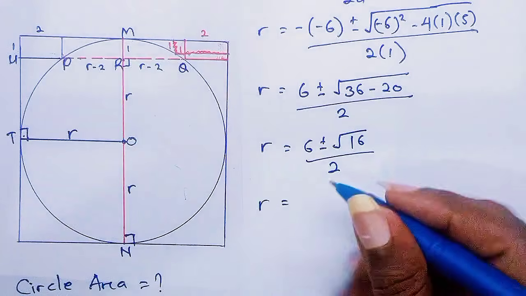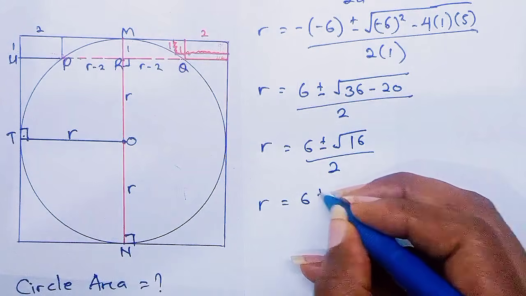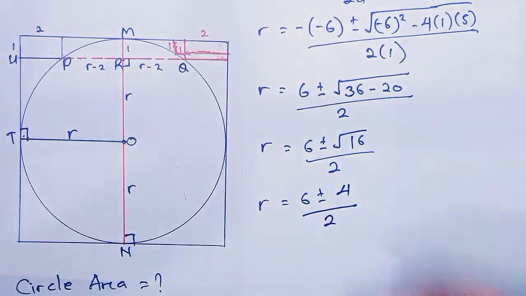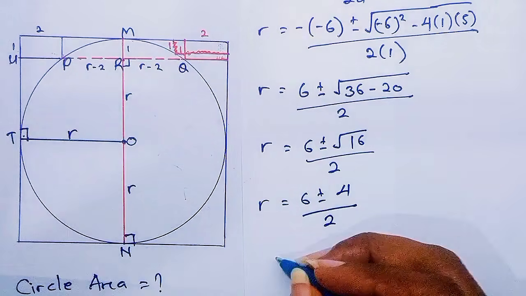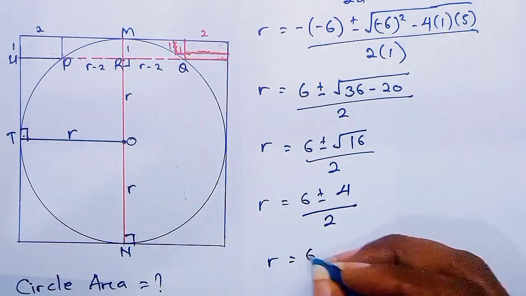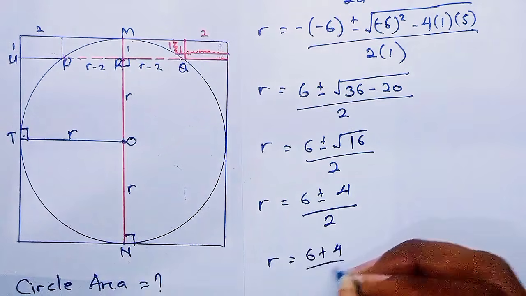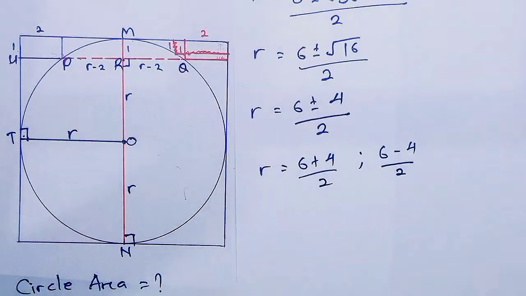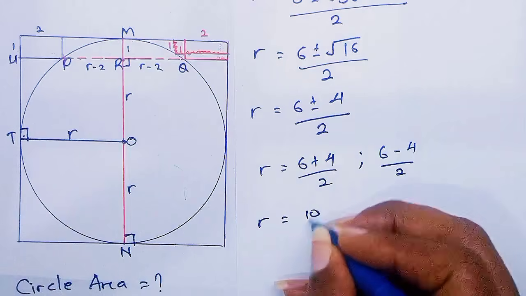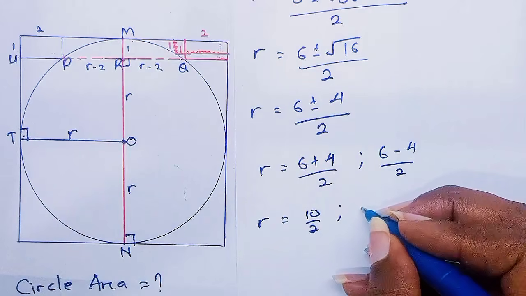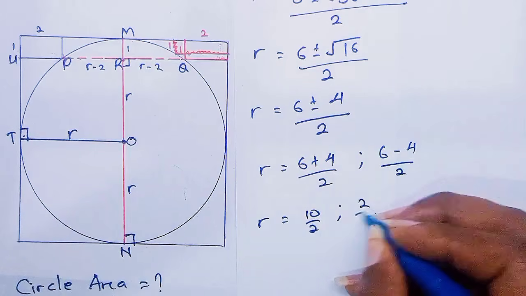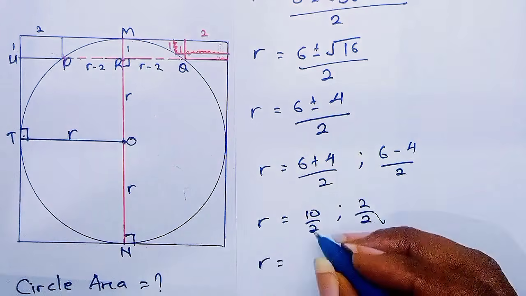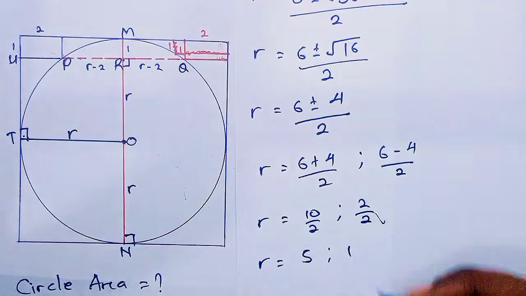And so R is equal to 6 plus or minus 4 over 2. So R is equal to either 6 plus 4 over 2 or 6 minus 4 over 2. This will be 10 over 2 or 2 over 2, which gives us 5 and 1.